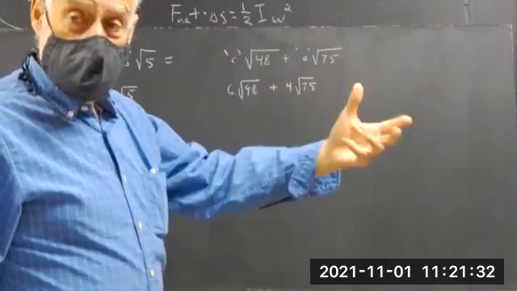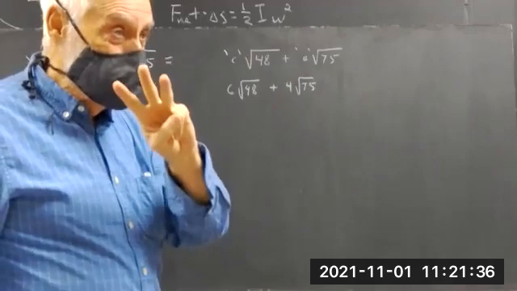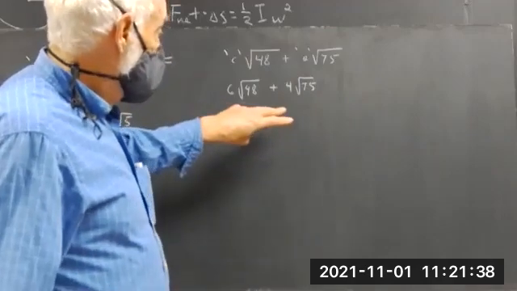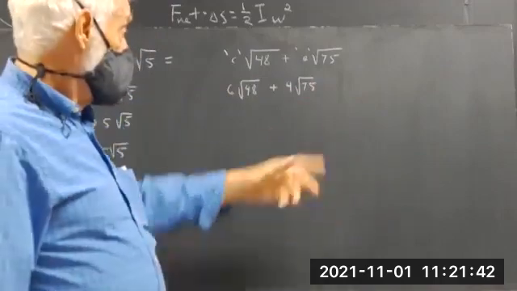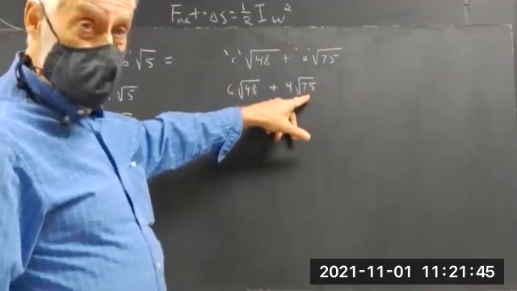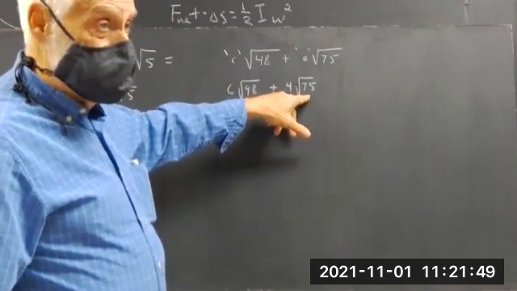Now 4 goes into 48 12 times, and 12 has further square factors. And 3 doesn't have any squares as factors. 75, well, that's 3 times 25, isn't it?